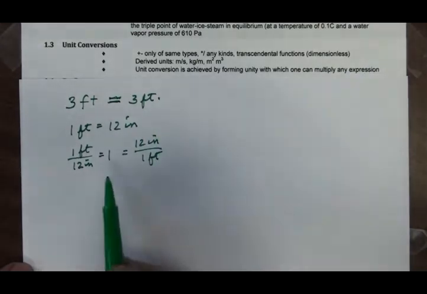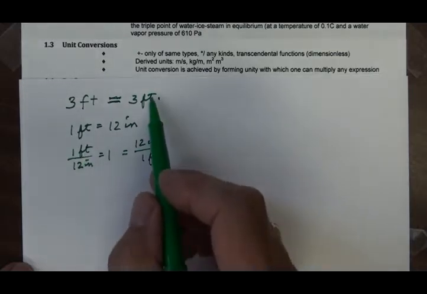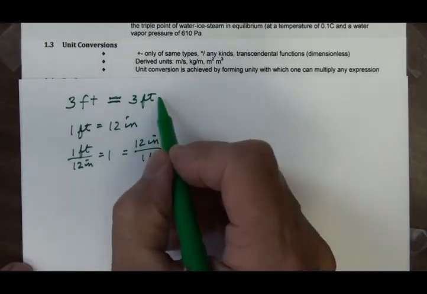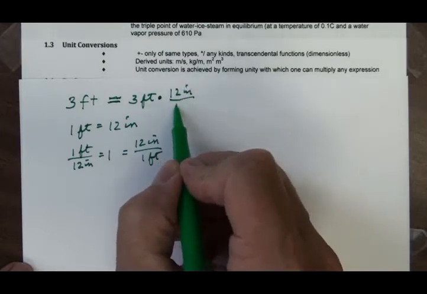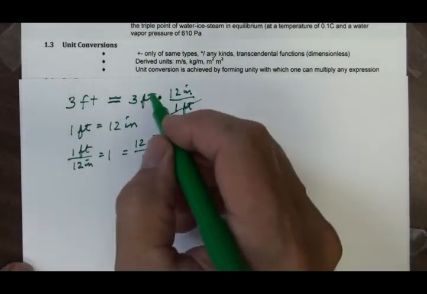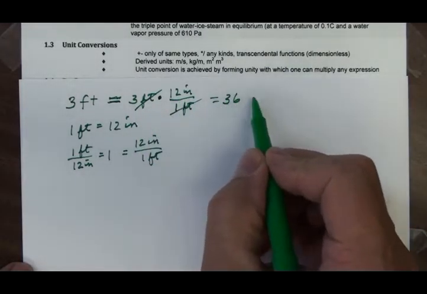Now what type of 1 are we going to multiply it by? We're either going to multiply it by feet divided by inches, and if we did that, we'd end up with feet squared per inch. We don't want that. What we want to multiply by is 12 inches divided by 1 foot. Now when you see that type of structure, then you can say, oh, I can take the foot and cancel them out, and I end up with 3 times 12, which will be 36 inches.